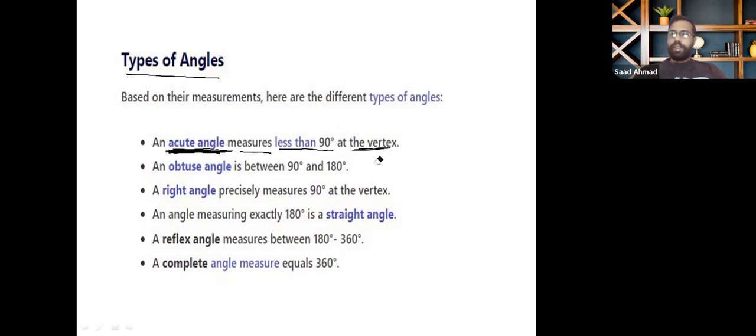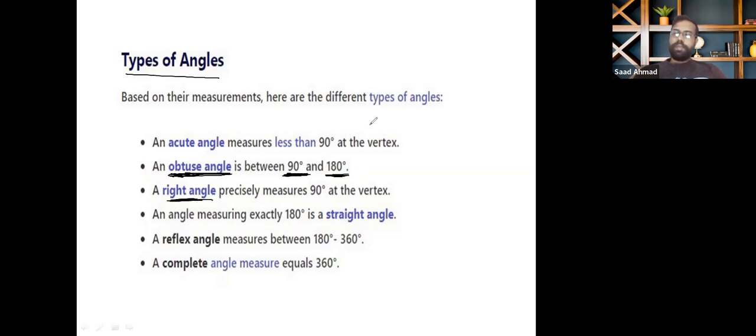Then an obtuse angle is between 90 degrees and 180 degrees. So if it is between 90 and 180, then we call it an obtuse angle.